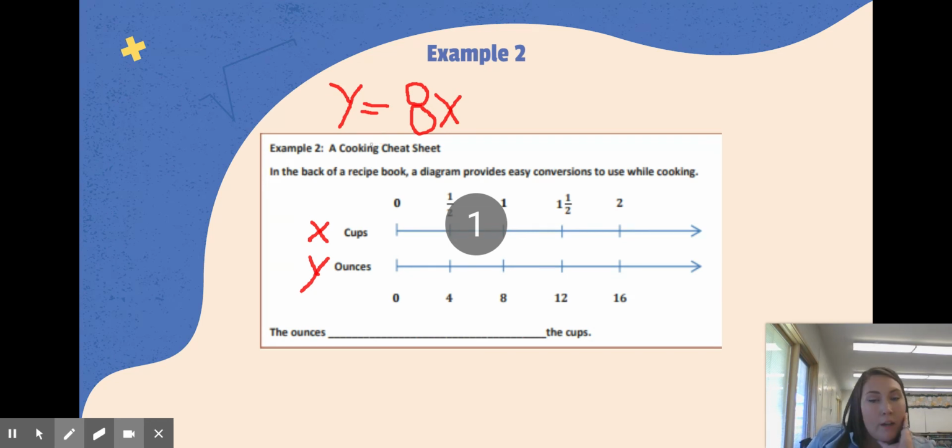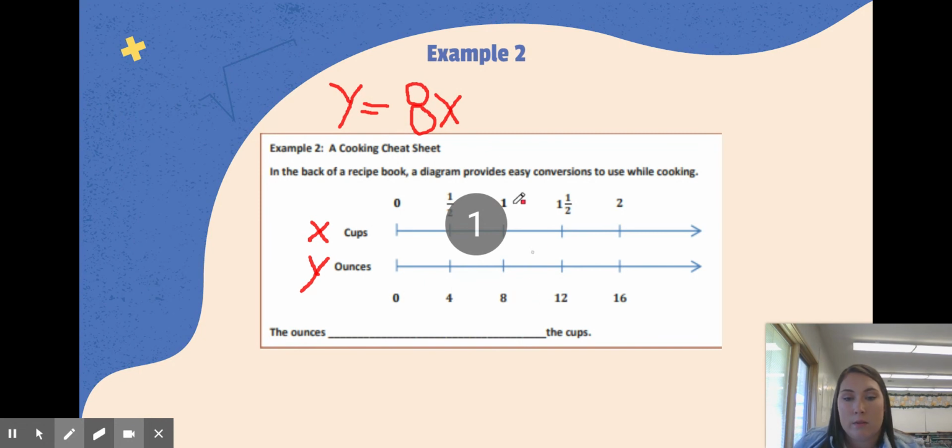If you want to verify that, make sure that statement is really true, you would go ahead and grab a calculator and you would plug in any X value that you know to be true. So maybe 1. If I plugged in 8 times 1, I'd get 8.